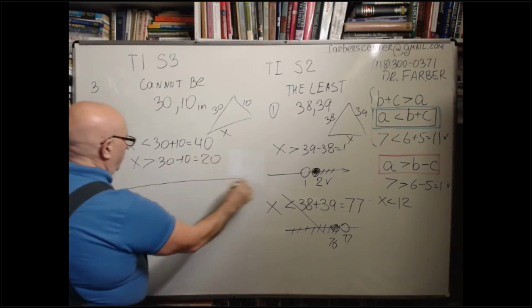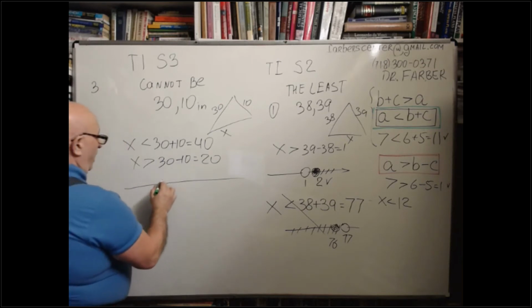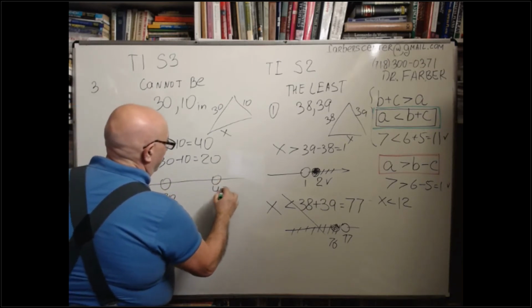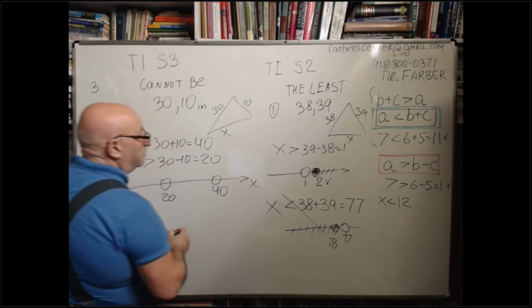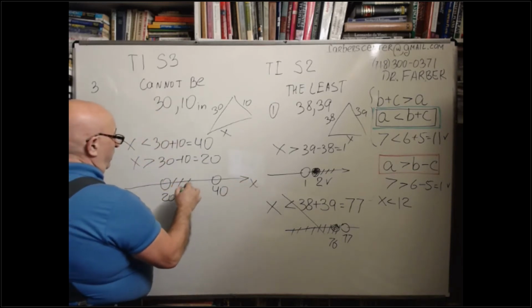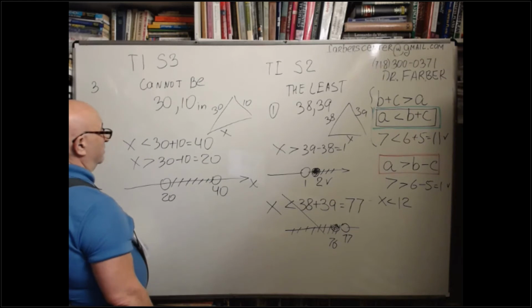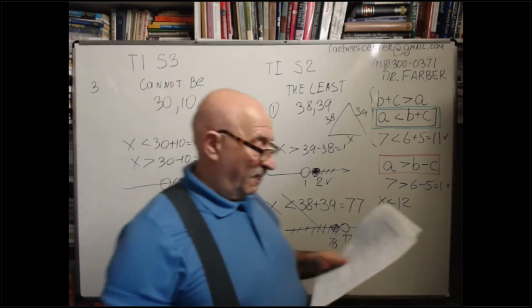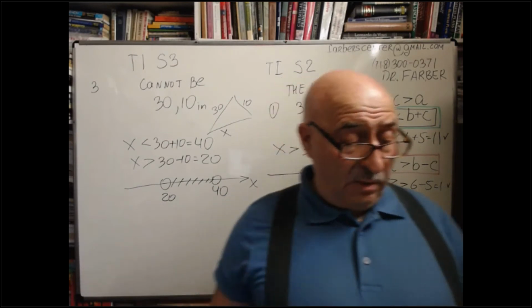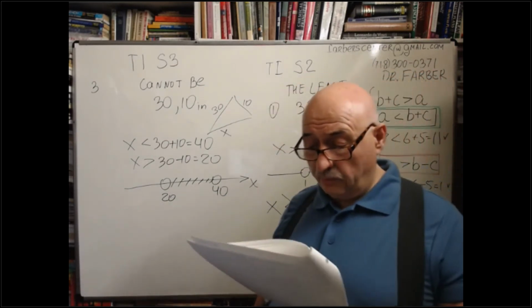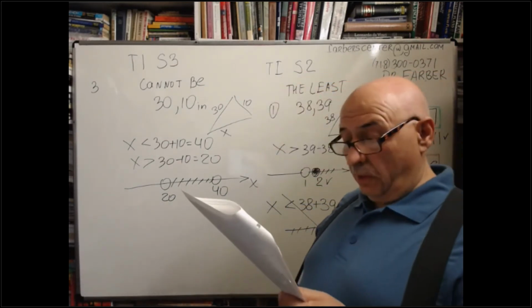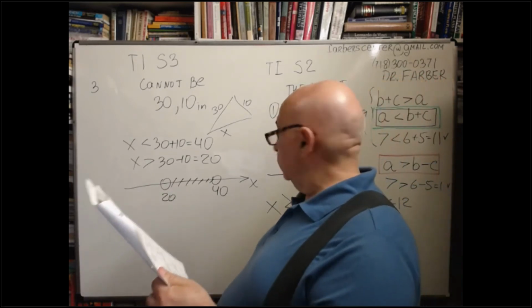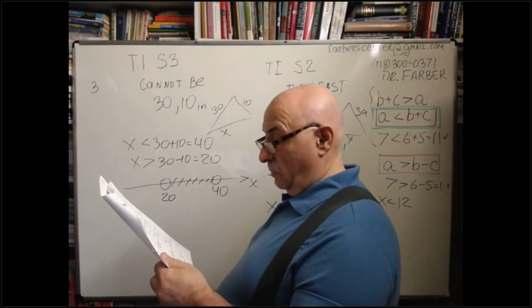I use a number line, and this is 20 not including, this is 40 not including, and this is x. And this is the solution set. Now, when I have the solution set, I look at which number, let's say A is 30.